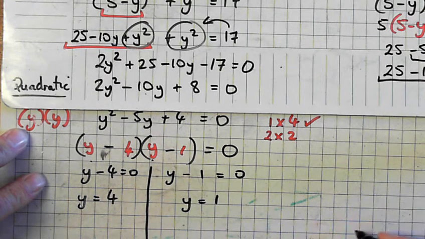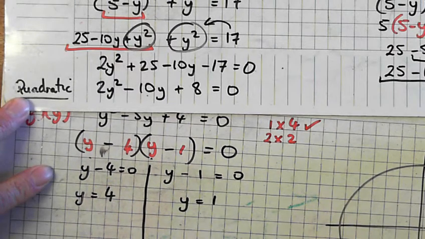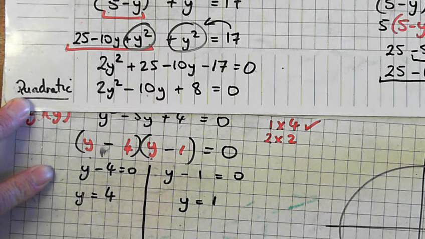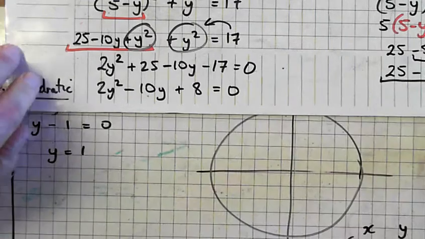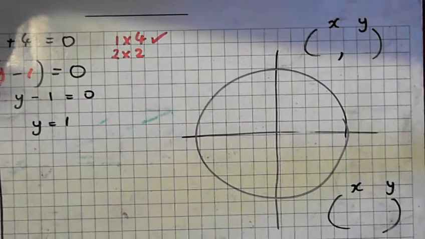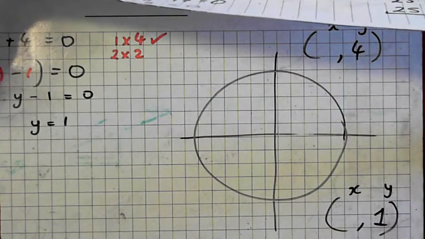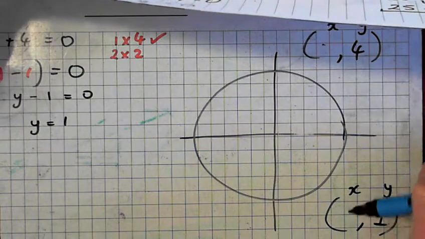Right, so if I had x and y coordinates in a circle, I have 2 points of intersection. So an x and a y, x and a y. I have my first 2 y values, 4 and 1. I have to find the x values.